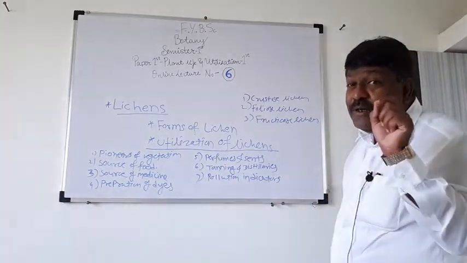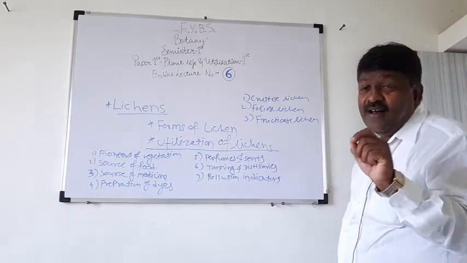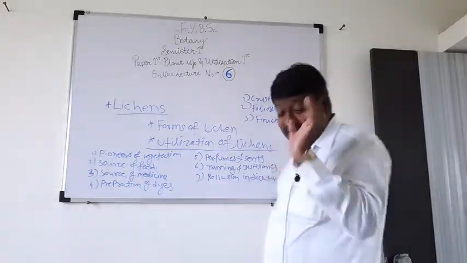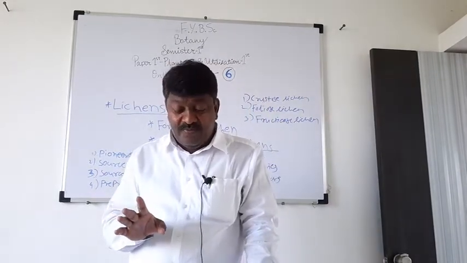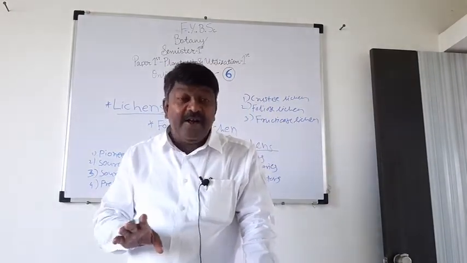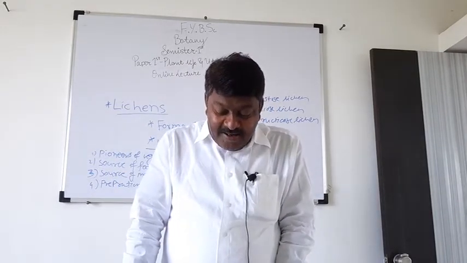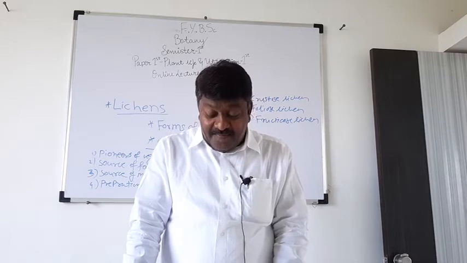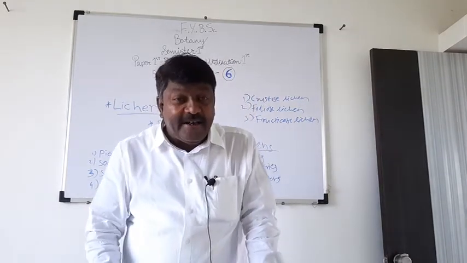And last one is pollution indicator. This is most important use of such lichen. These lichens are used as pollution indicator. Lichen cannot grow and survive in polluted area. And the area where lichens are absent is called lichen desert.